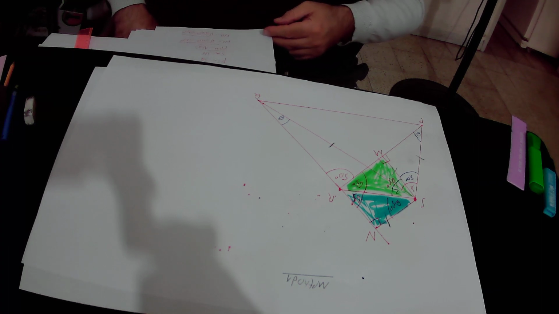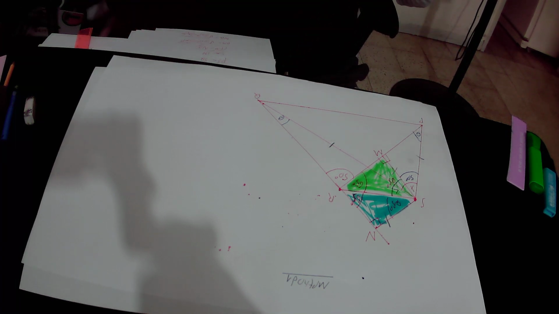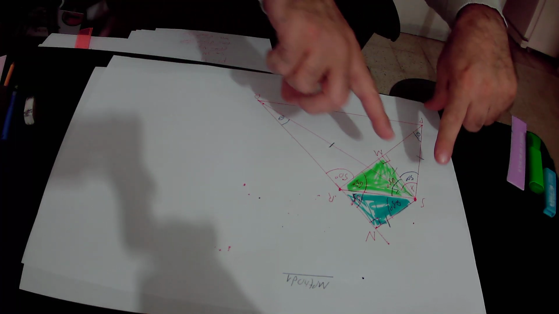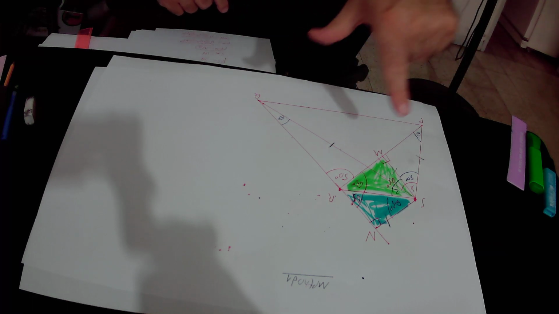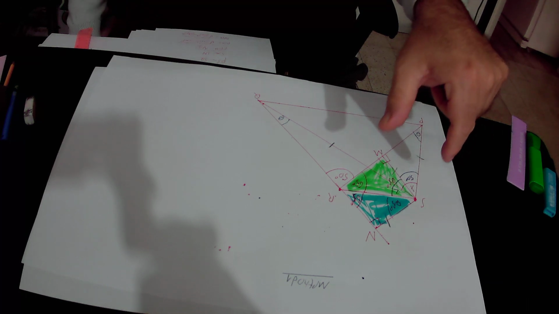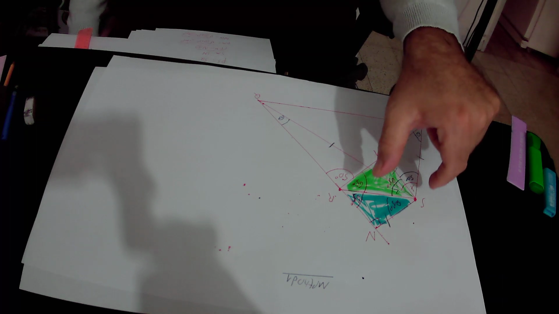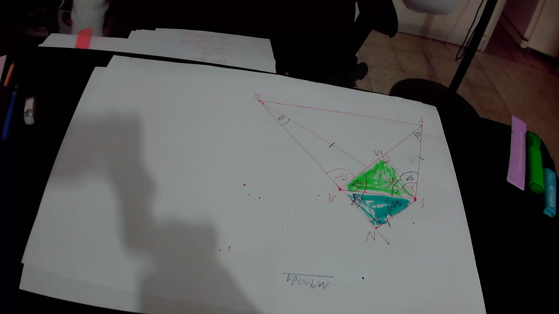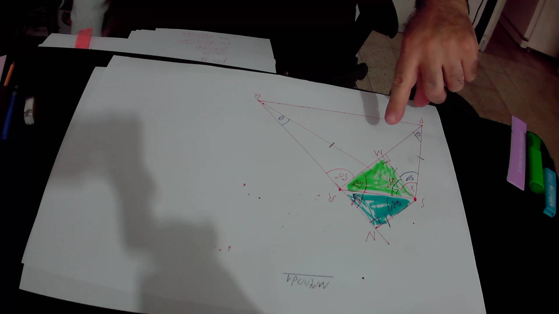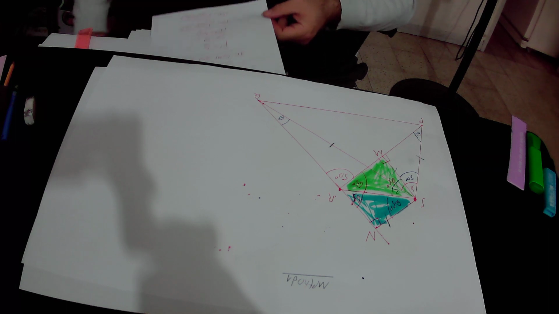First of all, we know that PS equals SQ. It is given in the question that those two sides are equal to each other. Then we have already proved that SM equals SN. And PM equals NQ. Why does PM equal NQ?